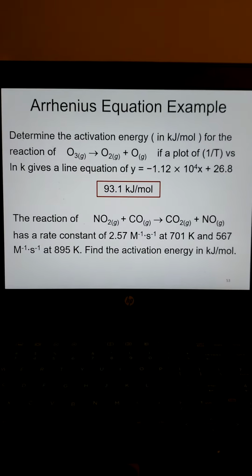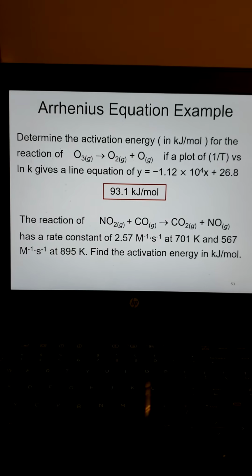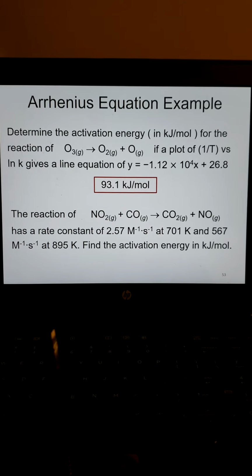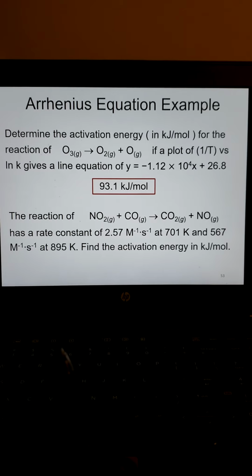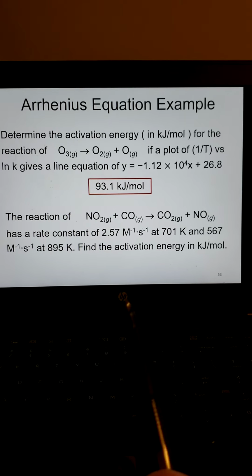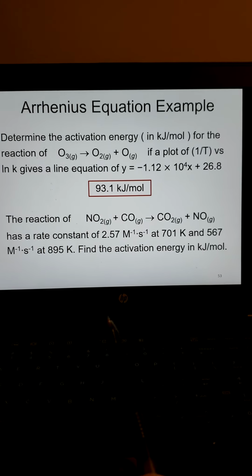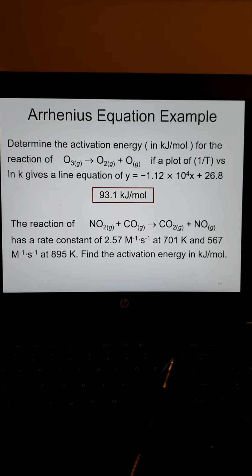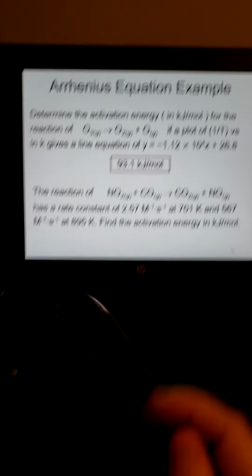But why do you think I'm emphasizing this? I'm emphasizing this because I may ask you a question where the temperatures are provided in degrees Celsius. If I do, do not fall for that. Turn your temperatures into Kelvin. How do we do that? We add 273. Okay? They must be in Kelvin. Okay. All right. So 1 over T2.